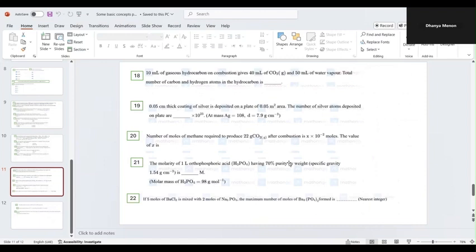So we solve this using the stoichiometric equation. Now students, the next one, question number 21.